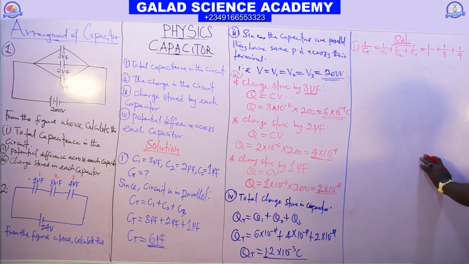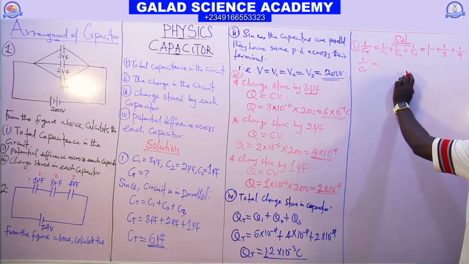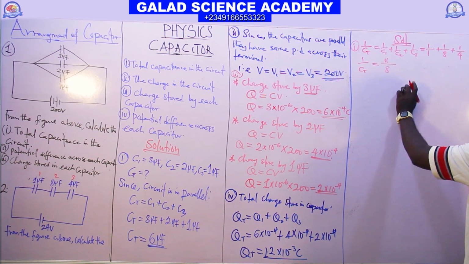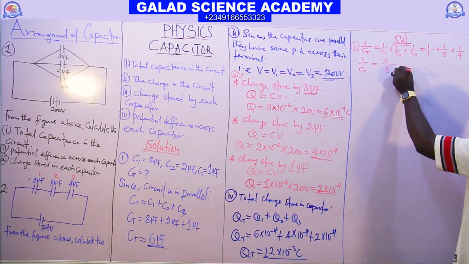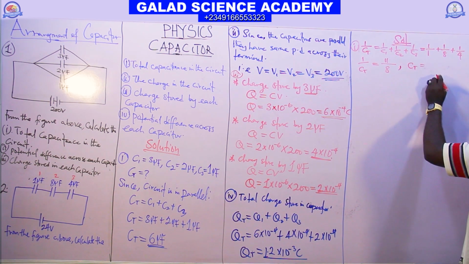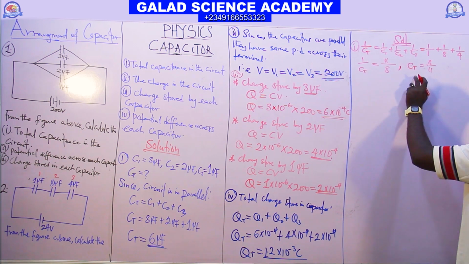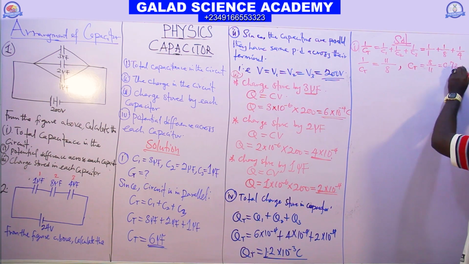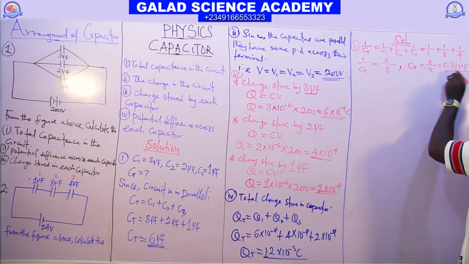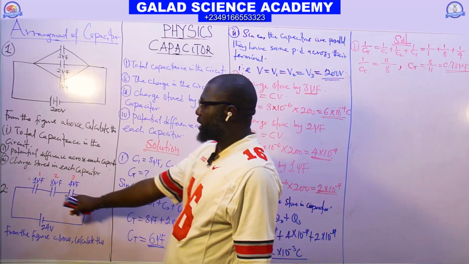If we do the arithmetic, everything will be 11 over 8. Pressing the calculator and inverting 11 over 8 to 8 over 11, the final answer is 0.73 microfarad. That is the total capacitance in the circuit in this series.